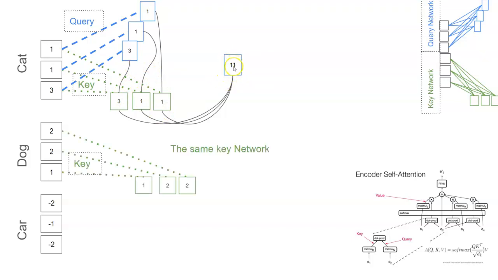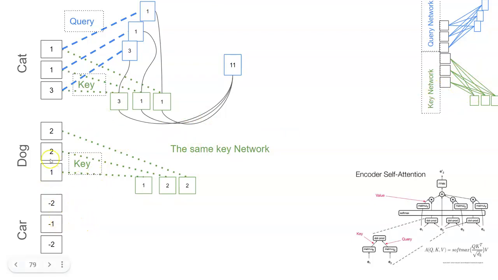We have a value. And remember, next time we use the dog key here. Remember, it's the same network. So the key network that was used here is exactly the same as used here. We use exactly the same weights as we did here. So there is only one key network which we're using all the time.